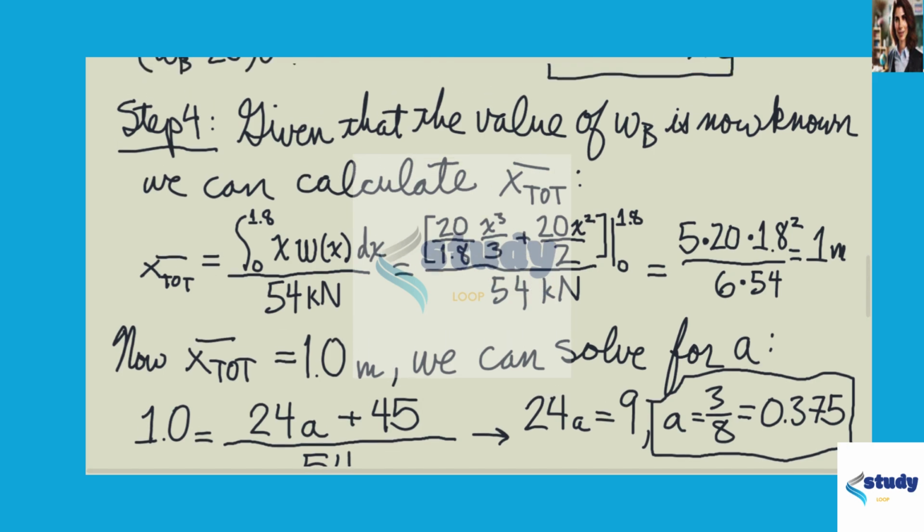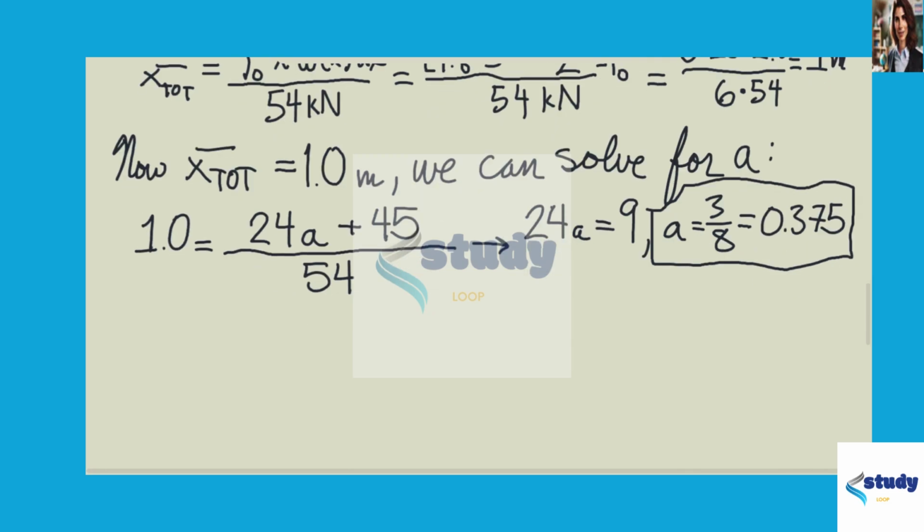The integral of x squared is x cubed over 3. The integral of 20x is 20x squared over 2. We evaluate from 0 to 1.8. Those numbers condense down to 1 meter. 1 meter is the value of our centroid. So that's a valuable piece of information, but that's not what we're asked to solve for.